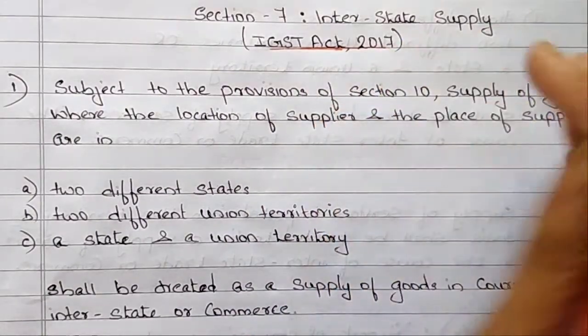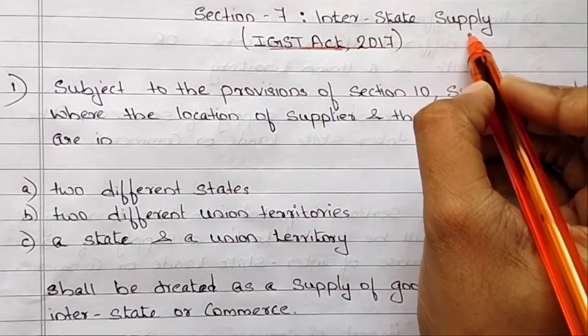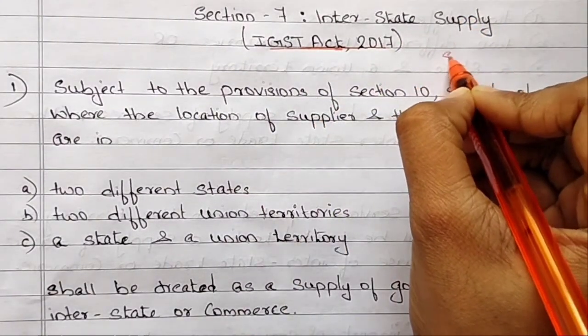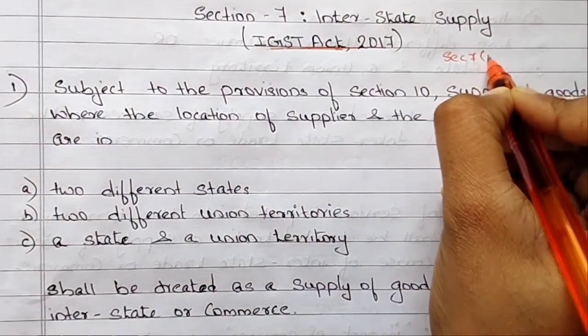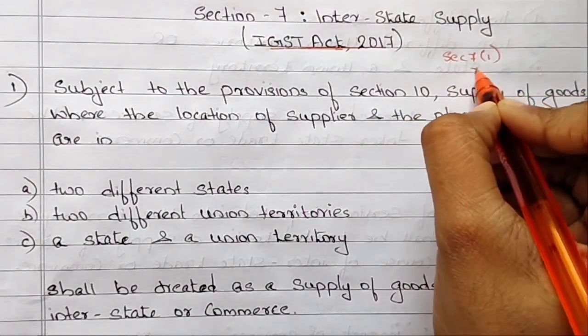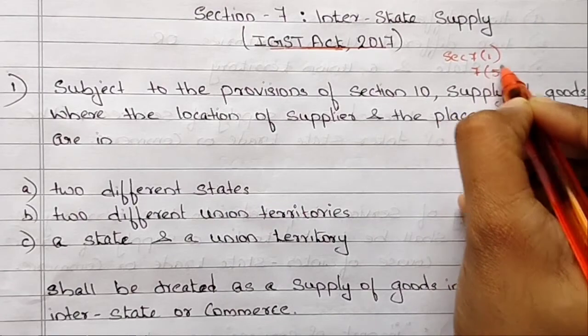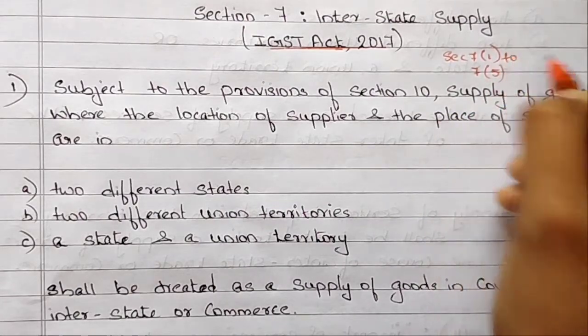This section 7 has 5 subsections, section 7(1) to section 7(5).